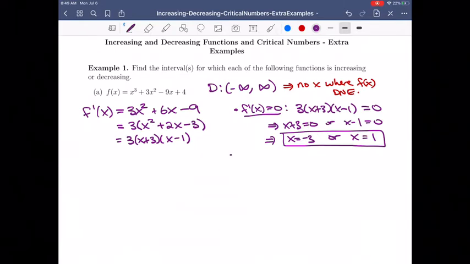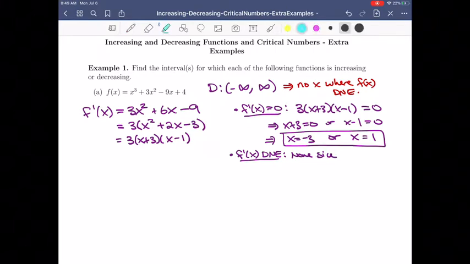Now we also want to check where does the derivative not exist. Okay, but there's none of these since the derivative here is also a polynomial. So polynomials exist everywhere. Okay, so we don't have to worry about that.